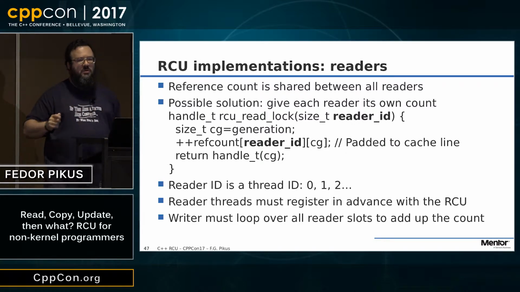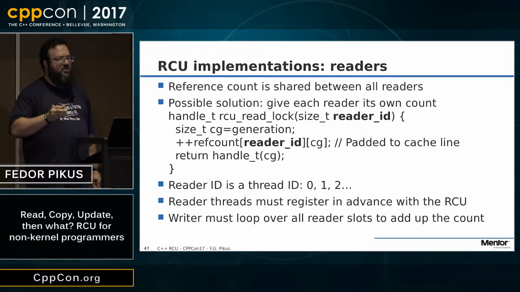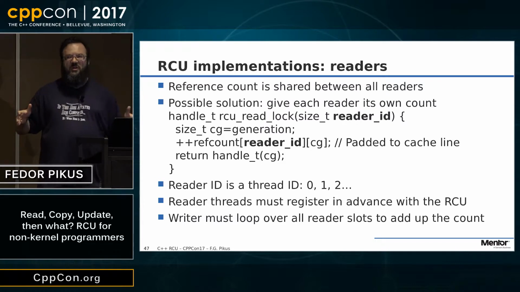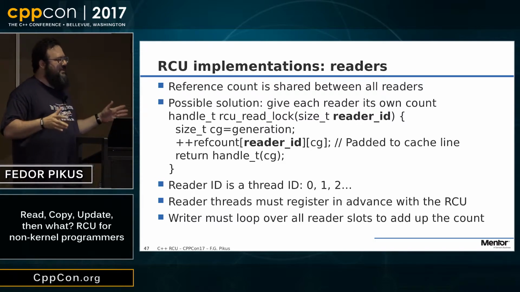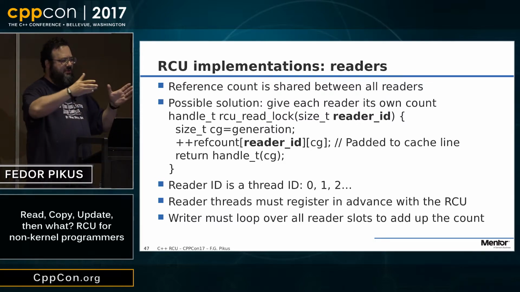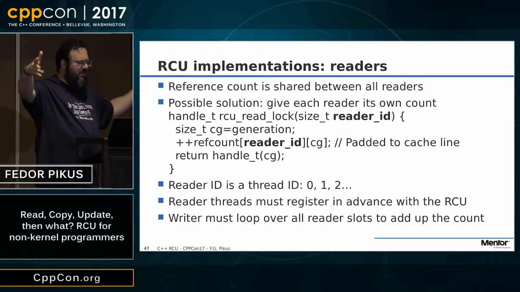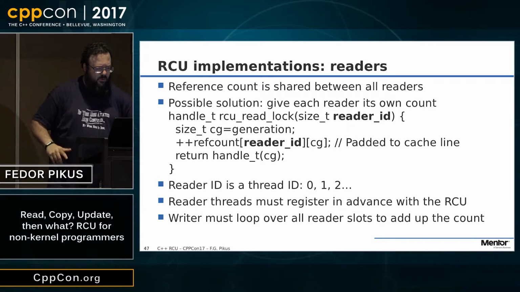If you go to the rather extreme measure of doing it, please pad it to the cache line. You don't want false sharing here, to go to all this trouble and then die because your reference counts are in adjacent 8 bytes. No, space them up by 64 bytes if you're on x86, or whatever your cache line is.